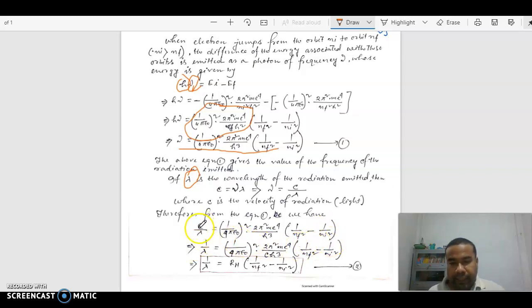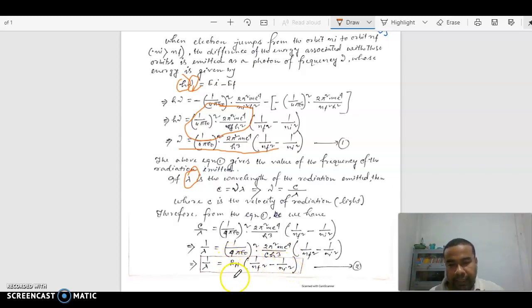Bringing c to the right hand side, it comes in the denominator. So 1 by lambda equals 1 by (4 pi epsilon naught) whole square, 2 pi square m e to the power 4 by c h cube, times (1 by Nf square minus 1 by Ni square). So 1 by lambda equals Rh times (1 by Nf square minus 1 by Ni square).